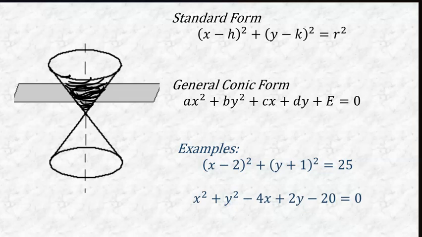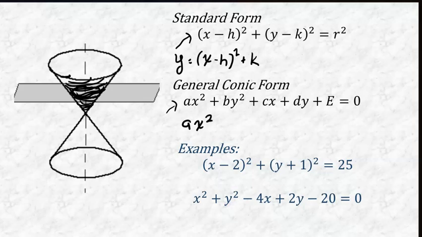Now, the circle and all conic sections come in 2 forms. They come in what we call in this case a standard form and a general conic form. A quadratic also has these forms. We call it here vertex form, and then here we call it standard form.